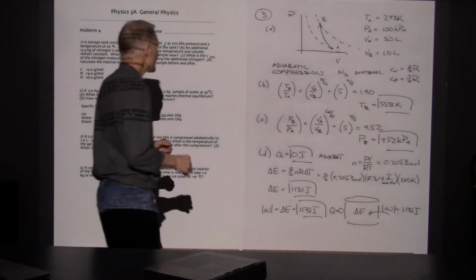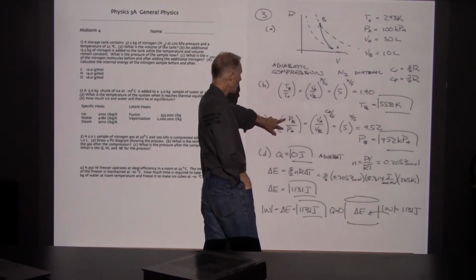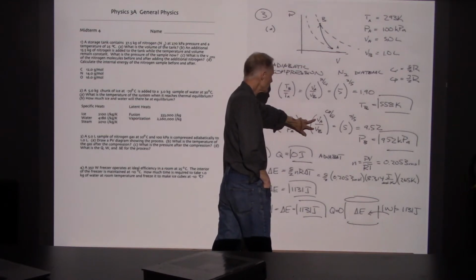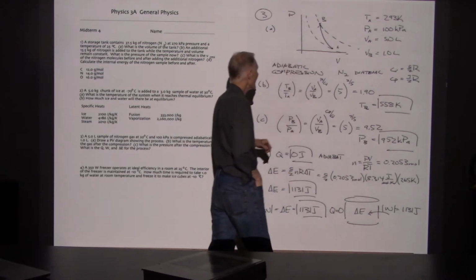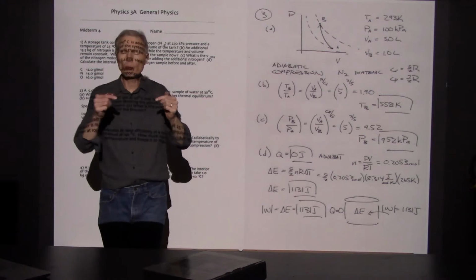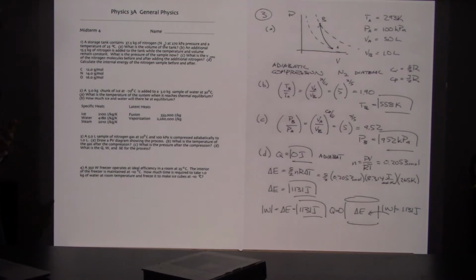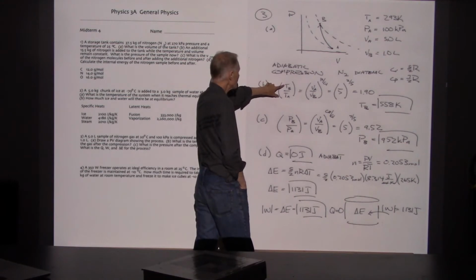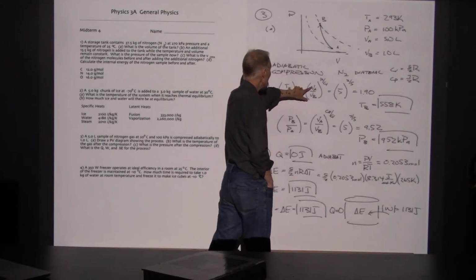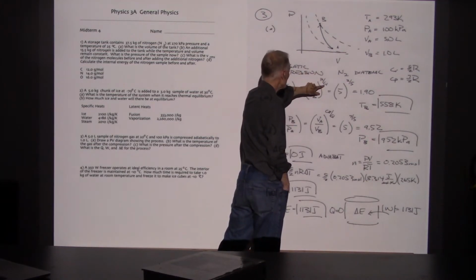In it, we showed that the ratios of temperatures are proportional to the ratios of pressures and the inverse ratio of volumes with some crazy powers: 1 over CV, 1 over CP, 1 over R. Go back and take a look at that formula. I'm just going to do parts of it here. If we take TB over TA and set that equal to VA over VB, this power here is the R over CV power.